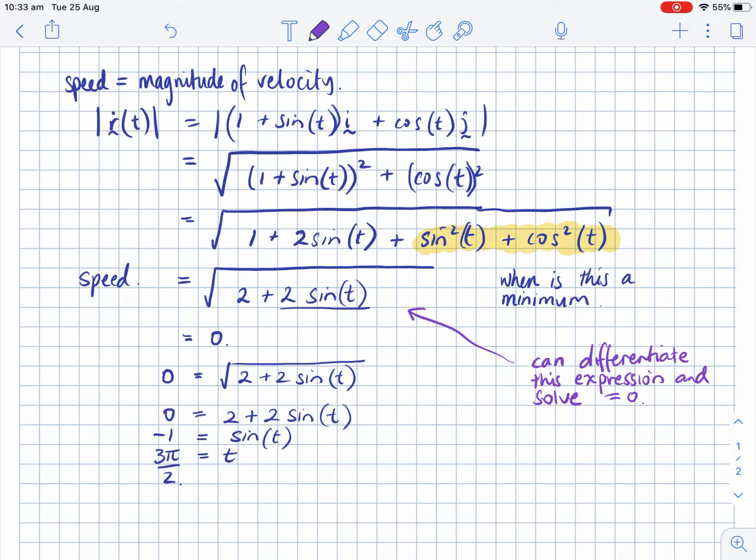Now when you solve equal to 0, remember that's your maximums and your minimums, so you would have to look at the graph in order to determine which solutions are minimums and which solutions are maximums.